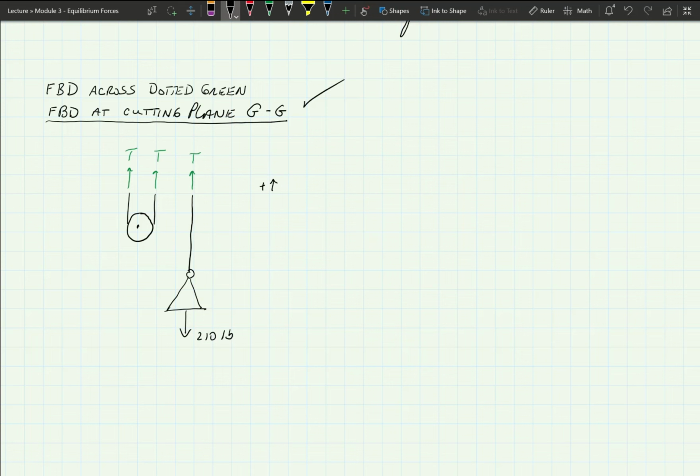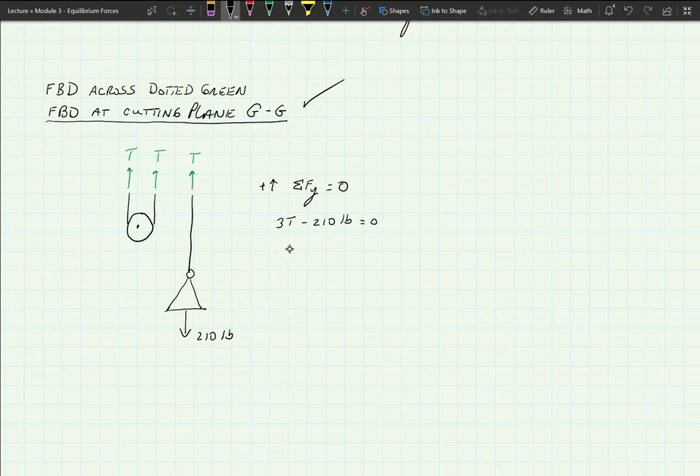We're going to choose the y direction going up, and then we're going to do a sum of forces in the y direction. There are no forces in the x direction on this problem, so we're pretty good. And literally, here's what we have: 3T minus 210 pounds, set equal to 0.